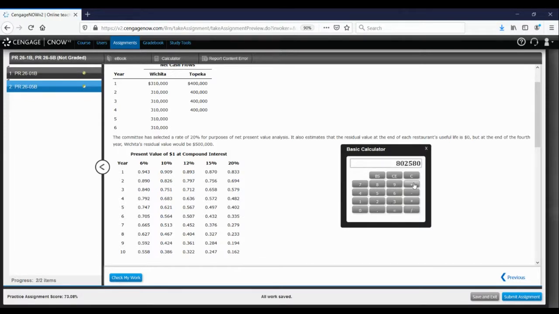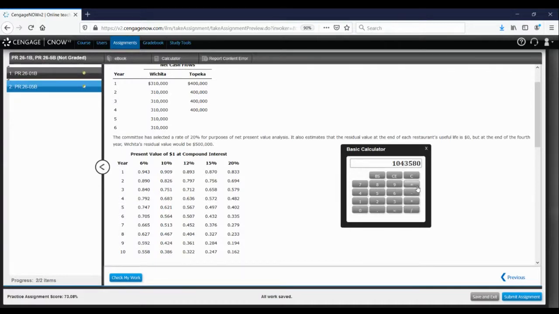And then also at the end of year 4, the present value of $500,000 was $241,000 that we're going to add to this.